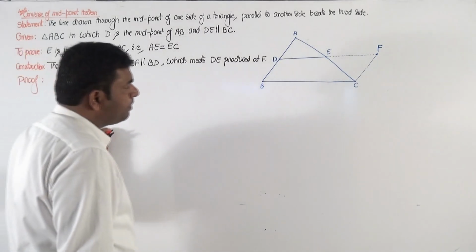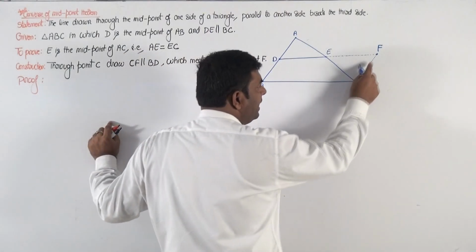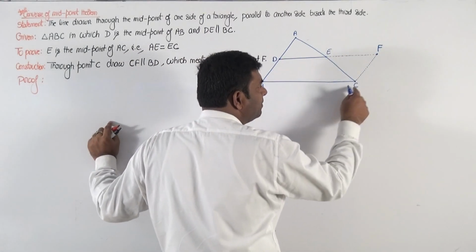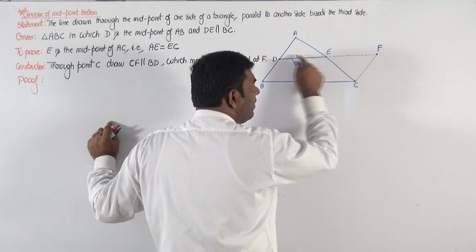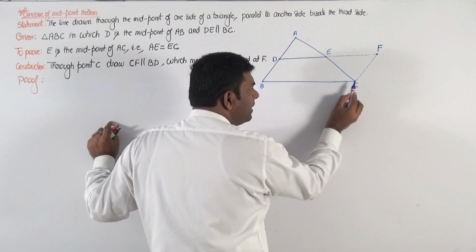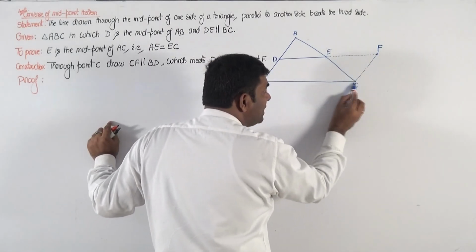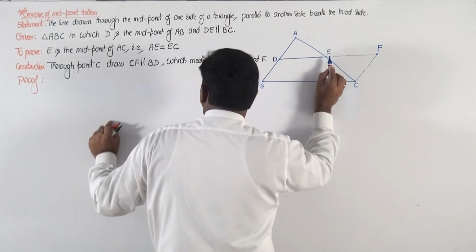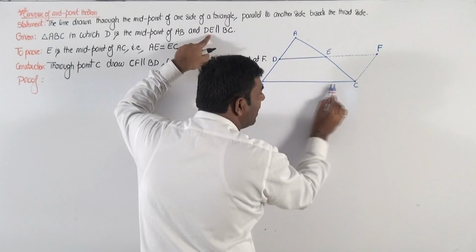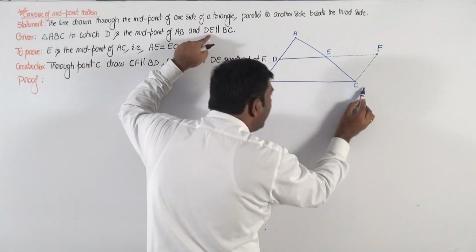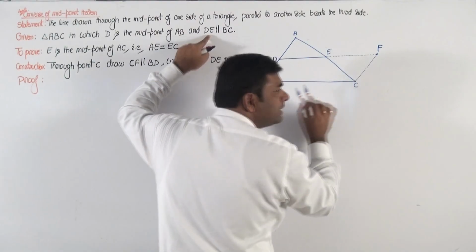Now in quadrilateral BCFD, इस क्वाड्रिलेटरल को देखो. BC is parallel to DE, ये तो क्वेश्चन में दिया है ना. ये दोनों पैरेलल है, DE BC के पैरेलल में है, तो DF भी तो पैरेलल होगा इसके.